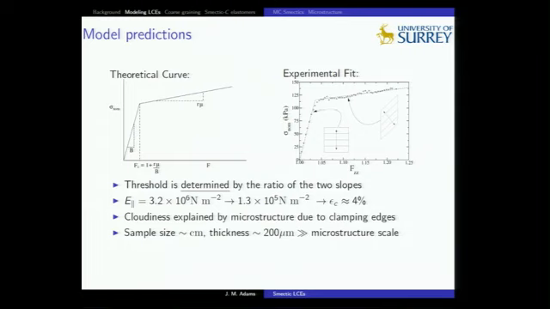And then when you get above the threshold, you start to get shearing of the layers, and instead of changing the layer spacing, you just stretch the chains, and so the modulus drops to the shear modulus of the rubber. There's a mathematical relation between these two slopes. You can find that the ratio of the two essentially gives you the position of the threshold. And somehow the cloudiness of the sample should be explained by forming these textures that Antonio mentioned earlier.